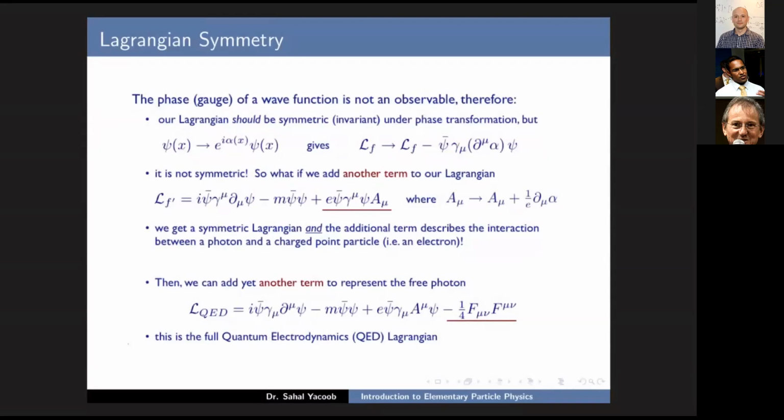The solutions to the Dirac equation are our 4-component spinors that we spoke about in the last lecture, where we got particles and antiparticles. And now we can talk about the phase of the wave function. The phase of the wave function is the imaginary part in the exponent, and that's completely invisible to us.